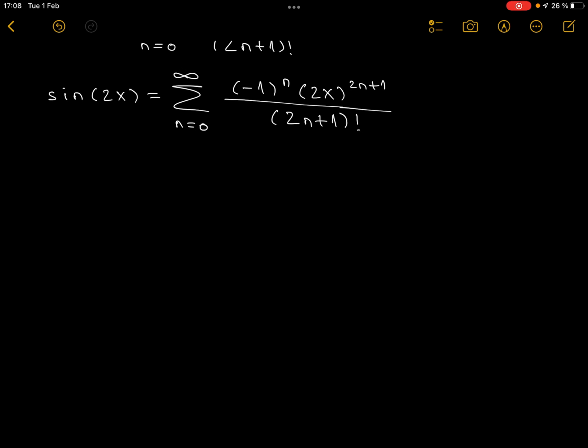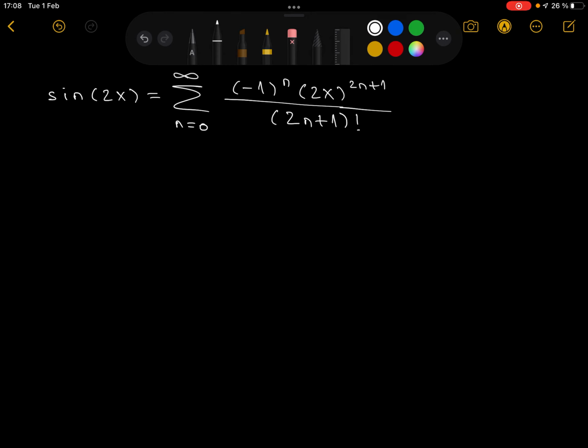And sine of 4x in a similar manner can be rewritten as the following.